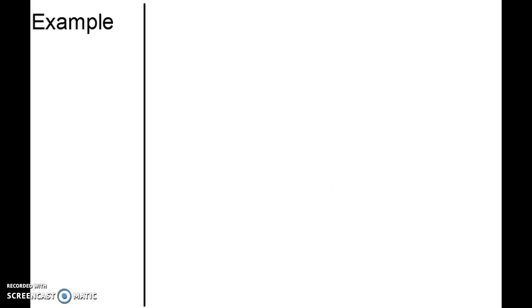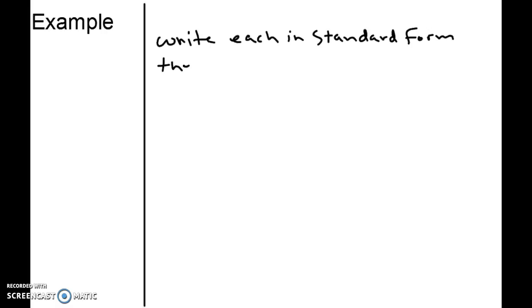Okay, here we would have something like: write each in standard form, then name. Okay. And we would have something like this. We'd have 5 minus 2x. Okay, well, that's not in standard form.